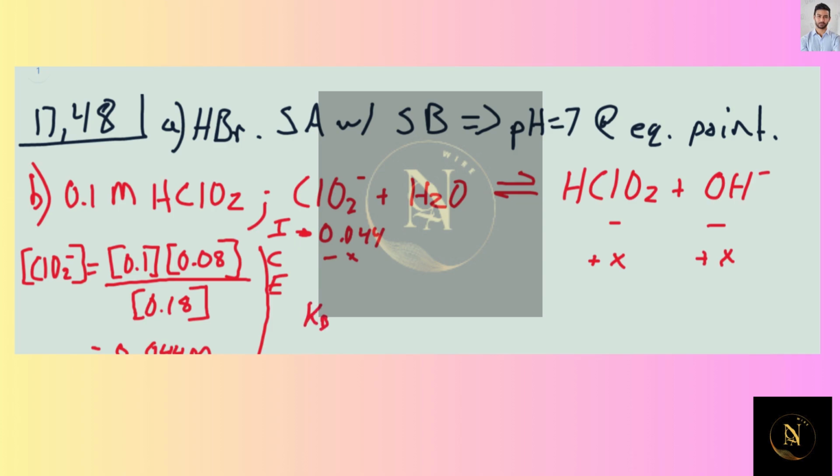So Kb is equal to 9.09 times 10 to the negative 13, which is equal to X squared over 0.044 minus X. We disregard the negative X because we have a weak base here, and the X value is 2 times 10 to the minus 7, which we can take the negative log of to get pOH as being 6.70. And then from that we can get pH being equal to 7.30.